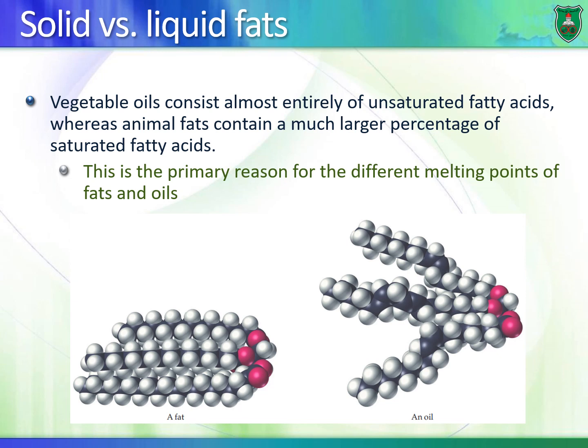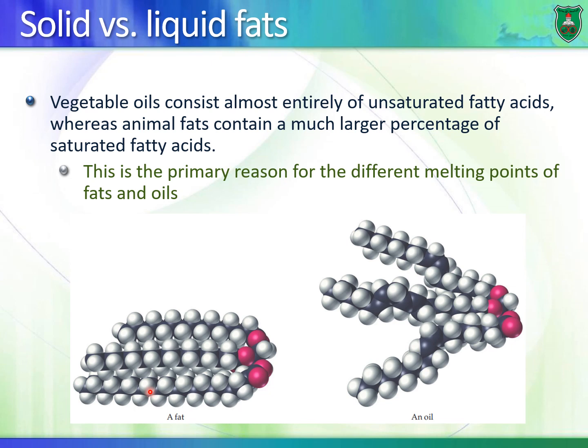And this is actually the idea behind fats versus oils. See, if you have a triacylglycerol with three saturated fatty acids, this is a highly compact molecule. So it's quite hydrophobic. That's why it is solid.